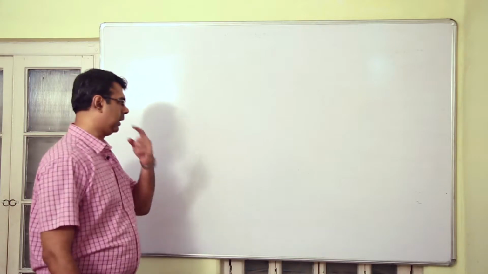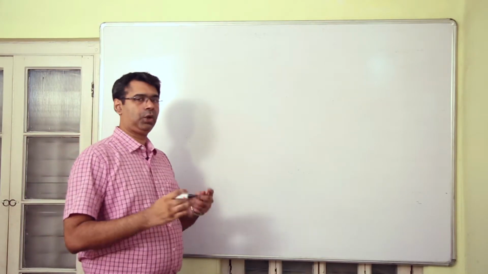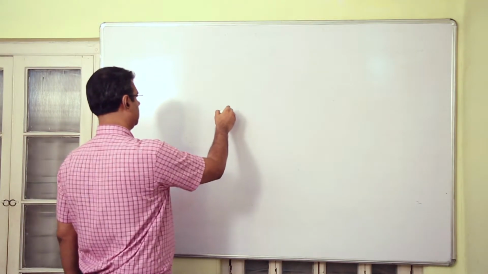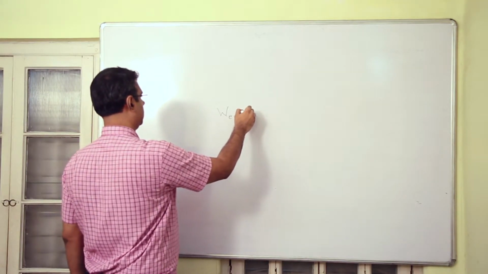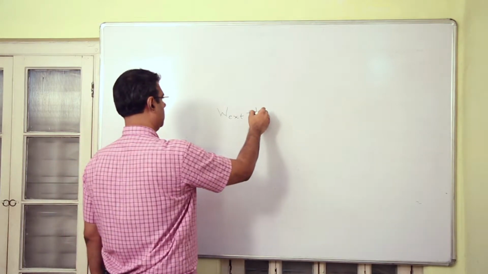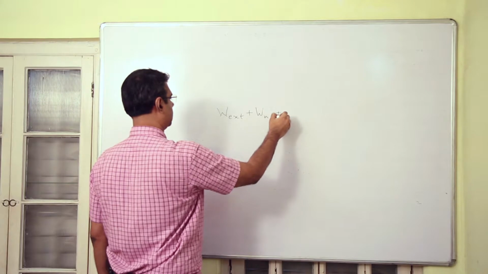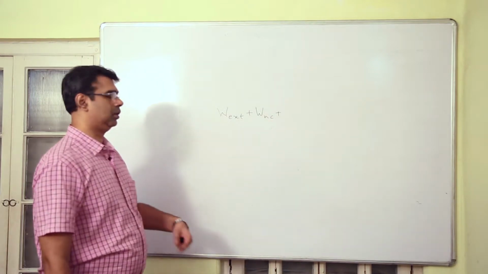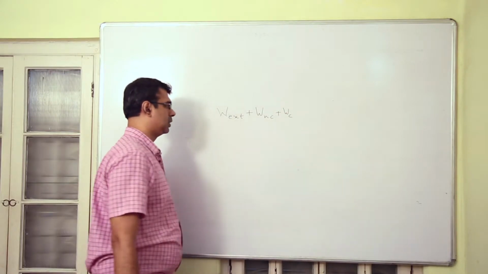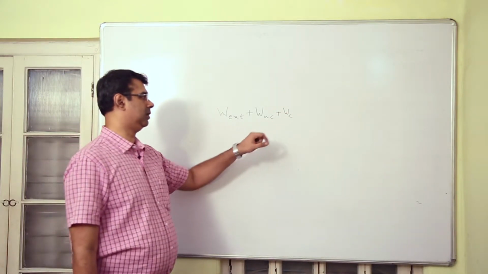So we can now try to get a broader understanding of the work energy theorem. Suppose W_EXT is work done by external forces. Suppose W_NC is work done by non-conservative internal forces. And suppose W_C is work done by conservative internal forces.